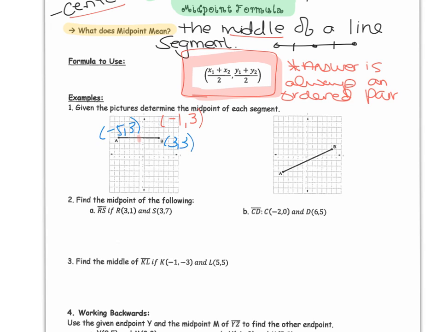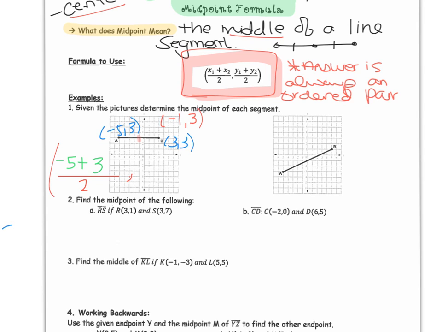Now all I do is plug it into the formula at the top. My first x value is -5 plus my second x value, 3, all over 2. That's my x value, comma. Let's now do my y values.